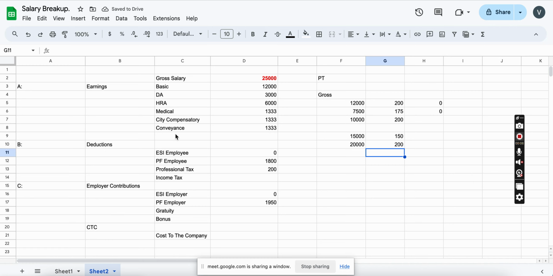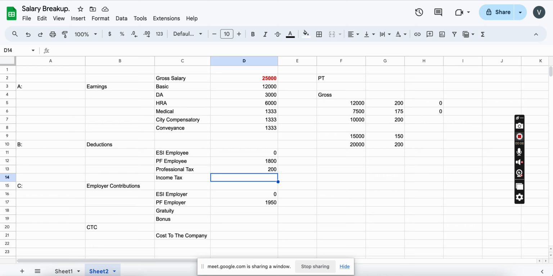Okay, so right now we are preparing for Karnataka, so our gross salary is 25,000, so professional tax is showing 200. Okay, income tax you should not enter when releasing the offer letter, because income tax is not a statutory subject, it is, but not while you are giving the offer.